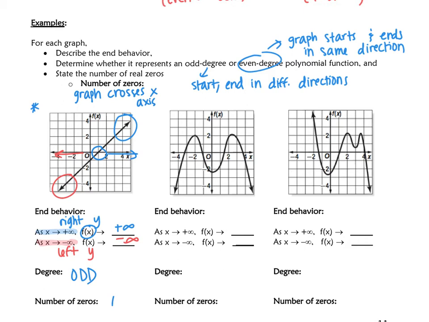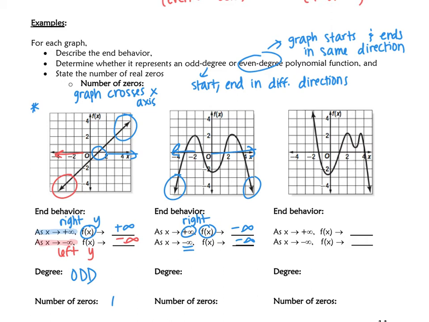Okay, we're going to try the next one. As x goes to positive infinity, so again, the positive direction is right. What happens to the graph? As we go right, the graph is going down. It's going to negative infinity. As x goes to negative infinity, so that's this way, the graph still goes down. Okay, so degree, again, I want to know if this is even or odd.